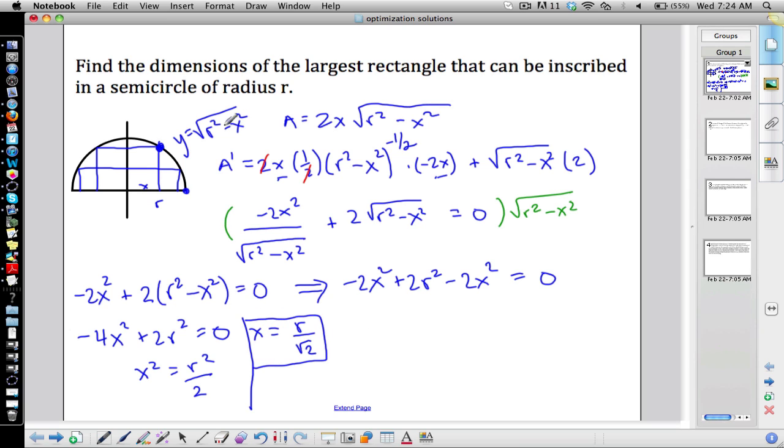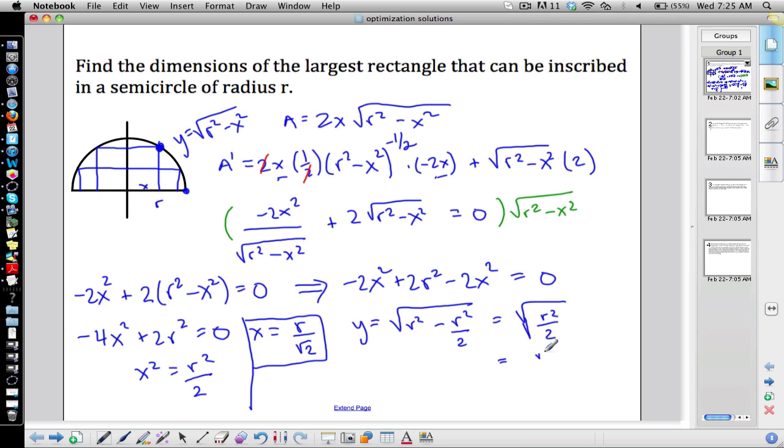Our y value, plug in x right there, we will get y equals the square root of r squared minus x squared. So that will be the square root of r squared over 2, which means we'll get the same thing.